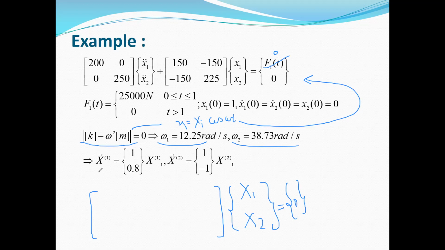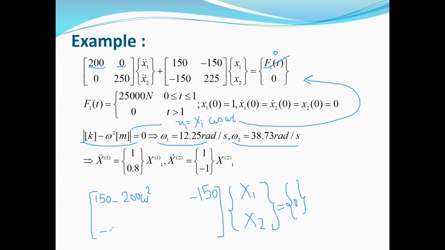But this matrix is, in fact, matrix K, which is 150, the first component, minus m omega squared. The m component, the first component, is 200, so it will be minus 200 multiplied by omega squared. The second component is minus 150 minus m omega squared. The second component of m is 0, so here we only have the component of K matrix.